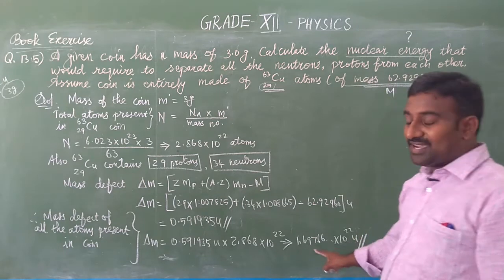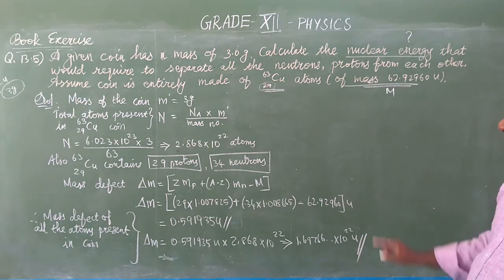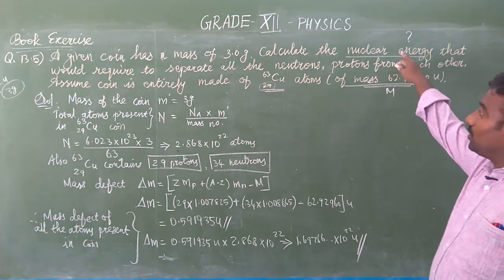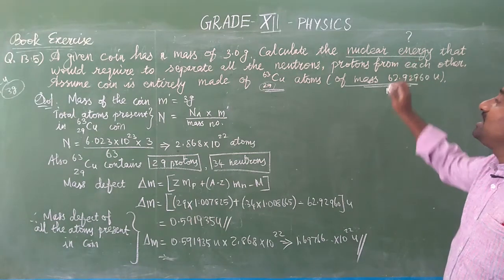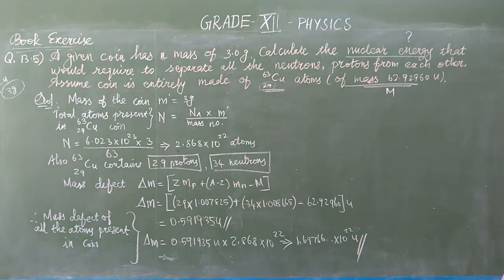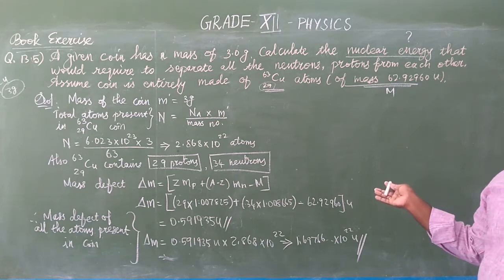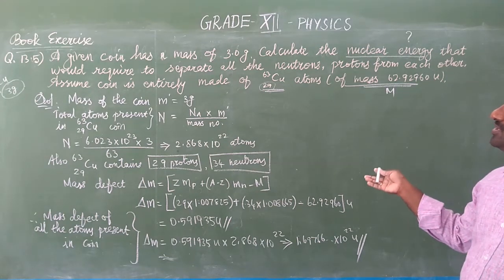So we found the mass defect, that is mass defect of all the atoms present in the coin. But what is the aim? We have to calculate the nuclear energy, which is used to separate the coin into protons and neutrons.